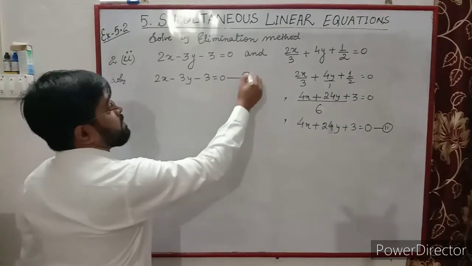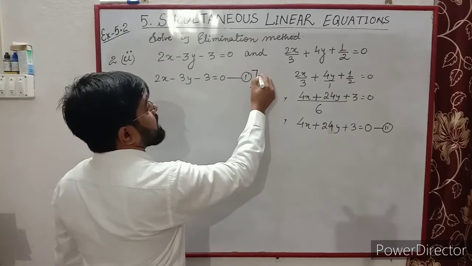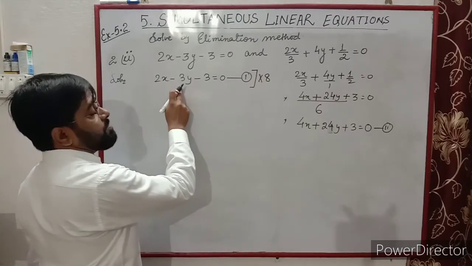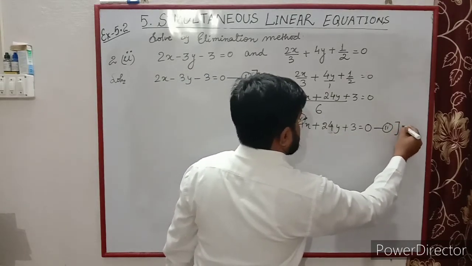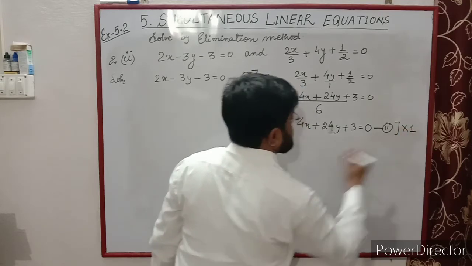Now multiplying both sides of equation 1 by 8. So we have 8 3s are 24. Here is given 24y. So multiplying both sides of equation 2 by 1.